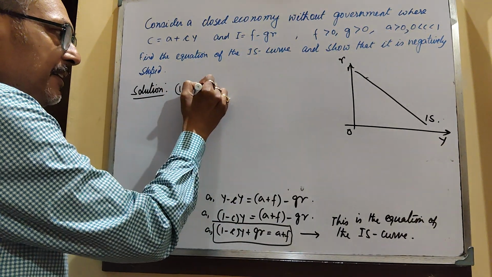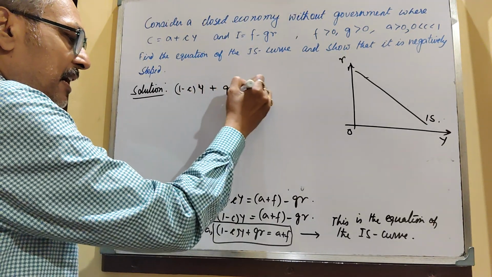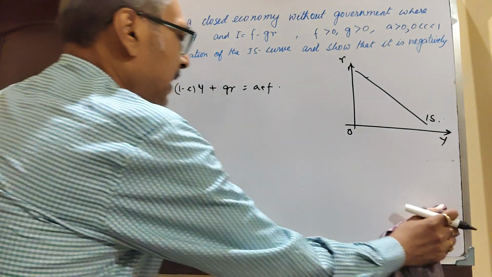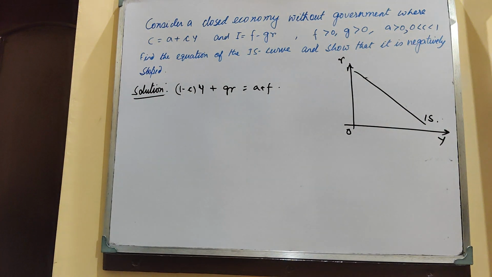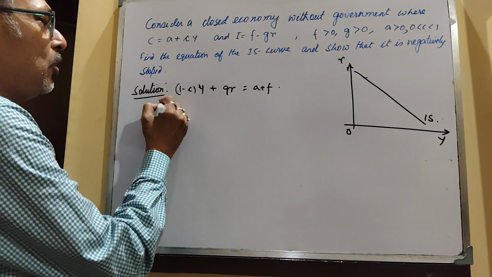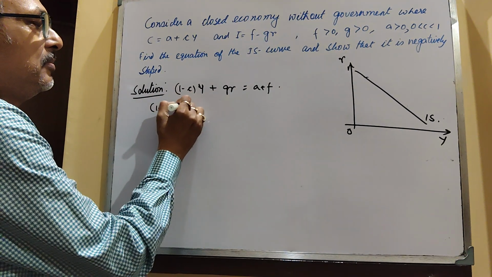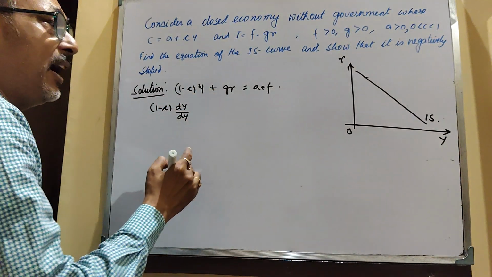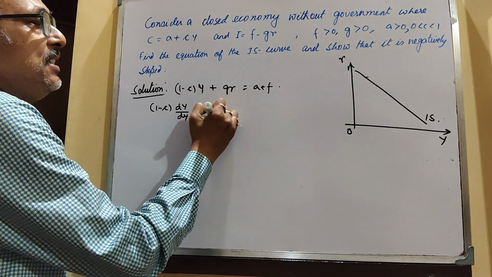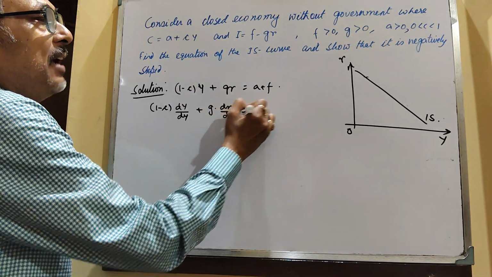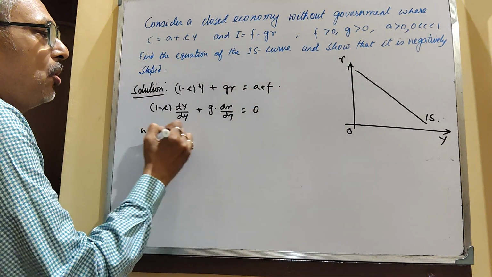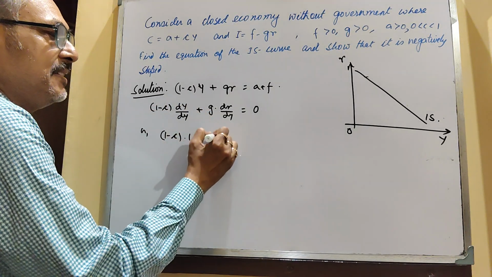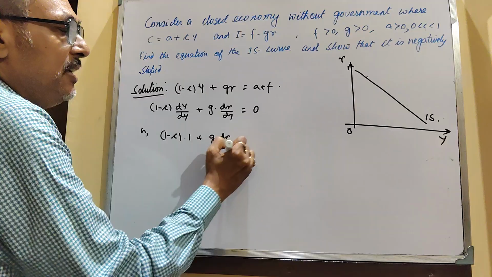(1 minus small c) Y plus G r equals A plus F. We just differentiate this equation with respect to Y. Now 1 minus small c is constant, so the first term gives 1 minus small c times dy by dy, plus G times dr dy. The constant terms give 0. So (1 minus small c) plus G dr dy equals 0.